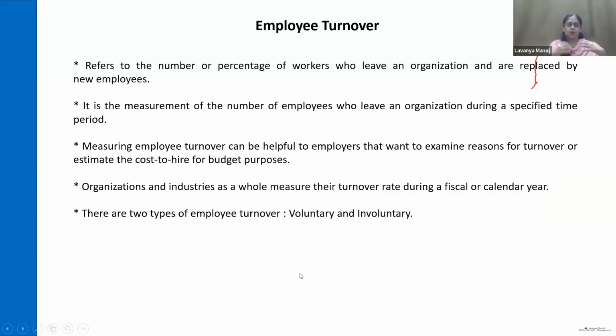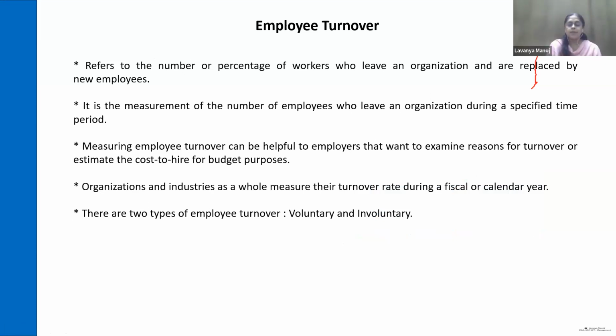So if the conflict is not resolved, obviously employee turnover would happen. It is not only because of conflict that employee turnover happens. Many reasons are available.